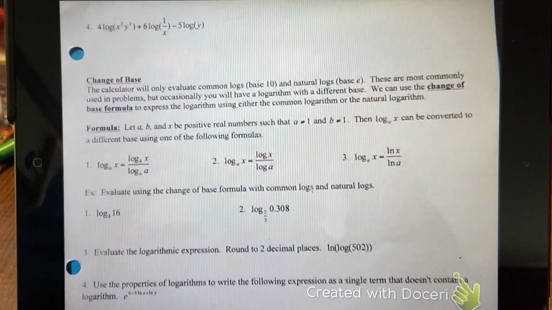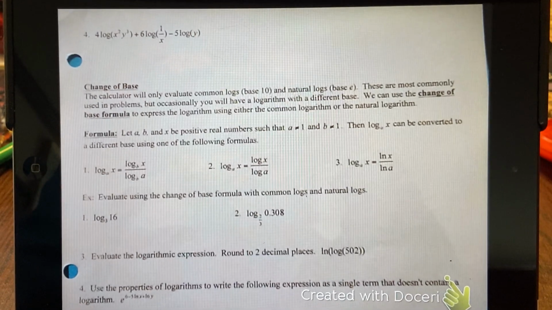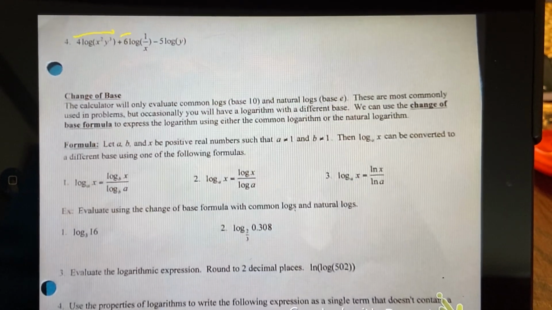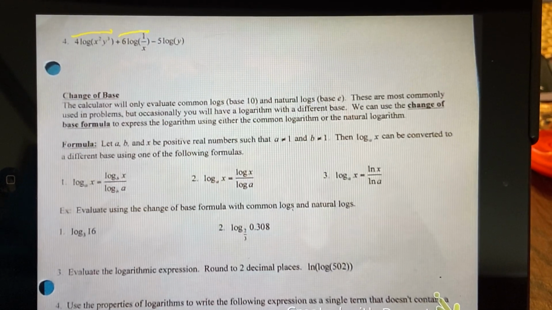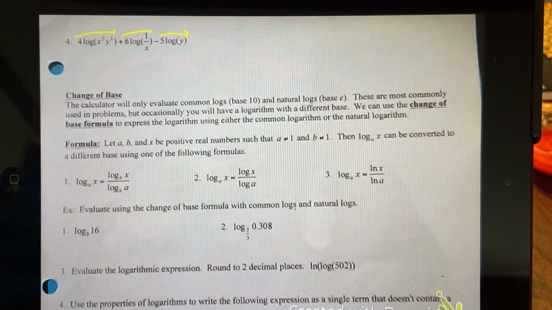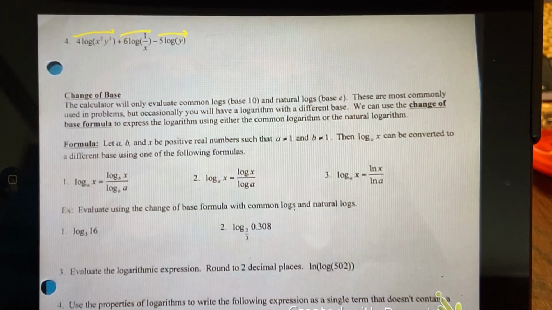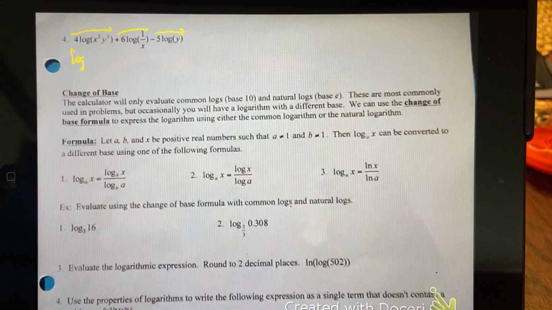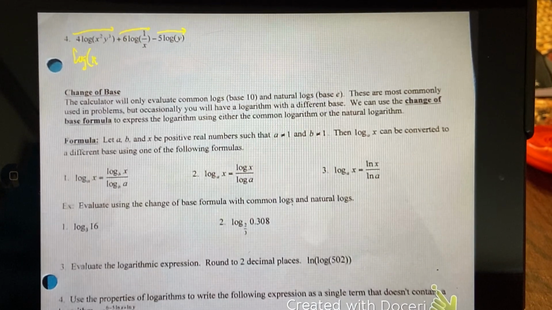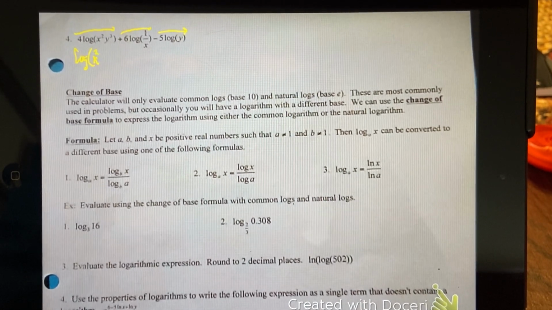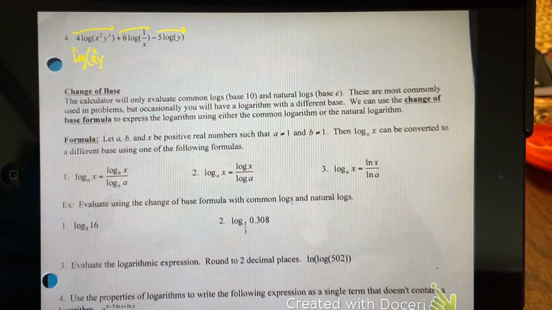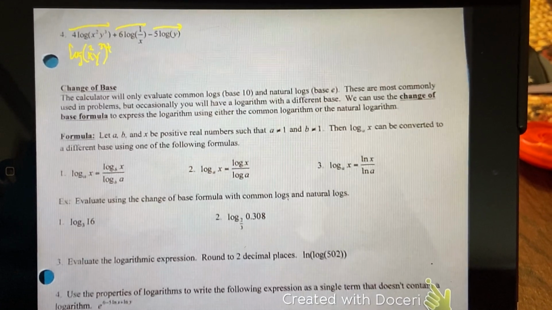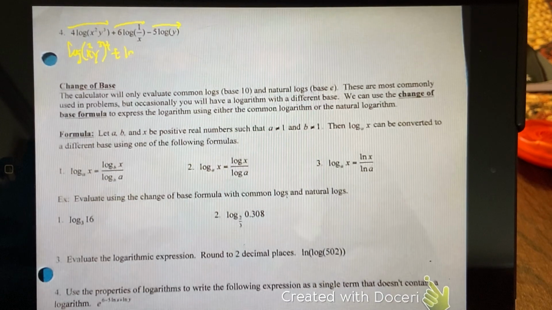And then the one on the back, number 4, I'm kind of making notes of what I need to do. So that 4 moves up here, this 6 moves there, and that 5 moves there. So just rewriting term by term, I have log, and inside the parenthesis I have x squared y cubed to the 4th power plus log.